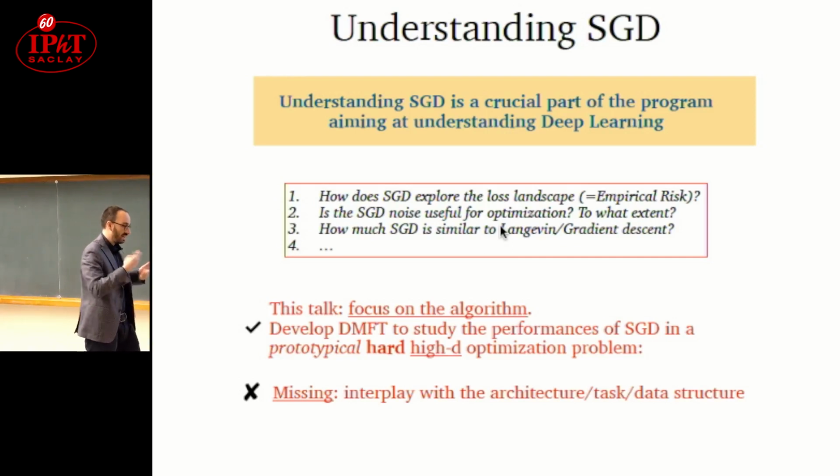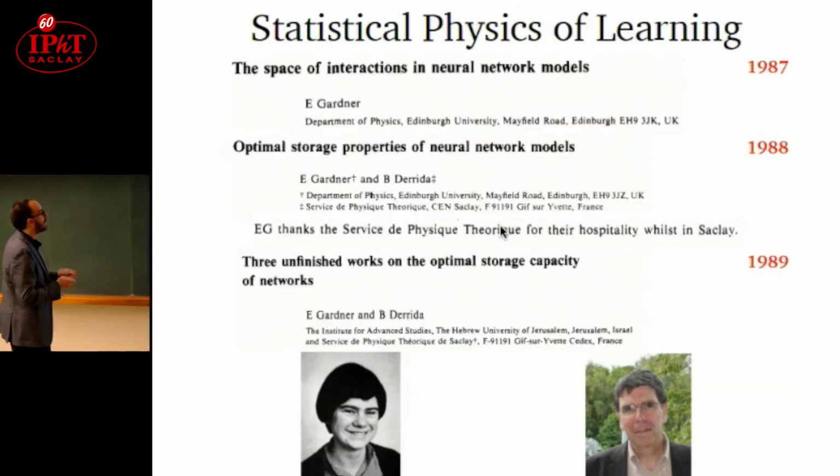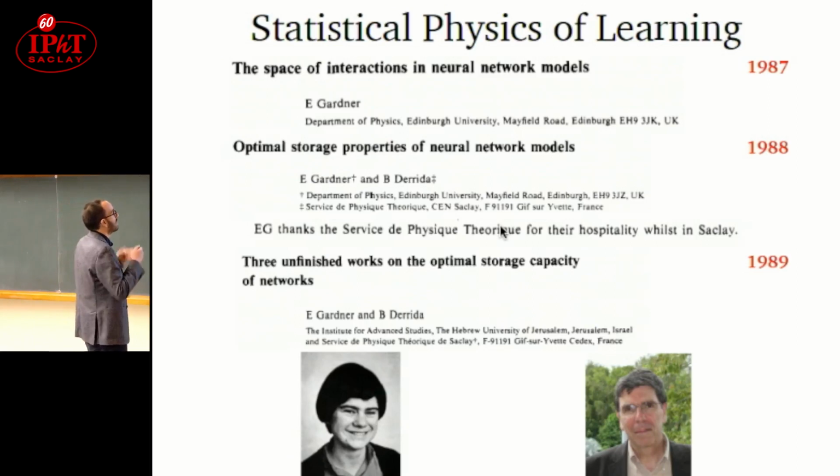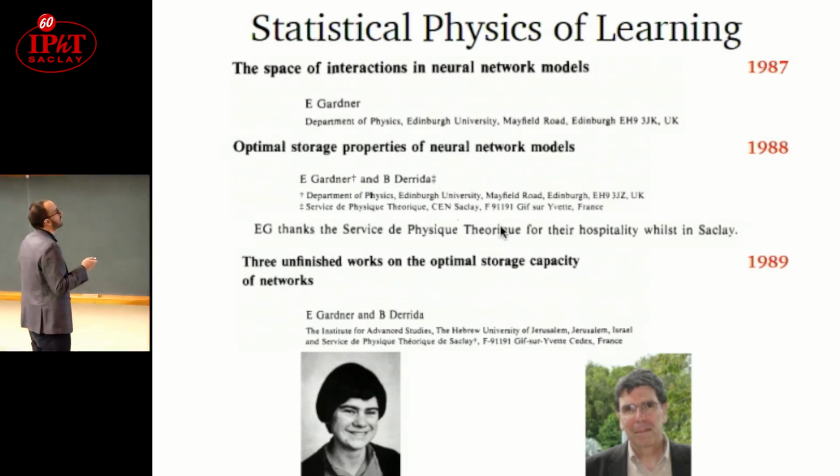And then in a parallel stream of works, relevant for this talk, there were a set of very influential works by Elizabeth Gardner and Bernard Derrida. In the first work, Gardner essentially was interested in simple architectures of neural networks. She wanted to understand the space of interaction, the space of synaptic weights leading to some task. And then she visited the IPhT, and she did with Bernard Derrida these two very influential works.